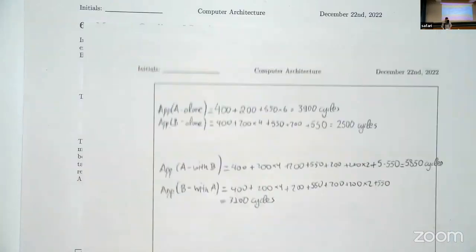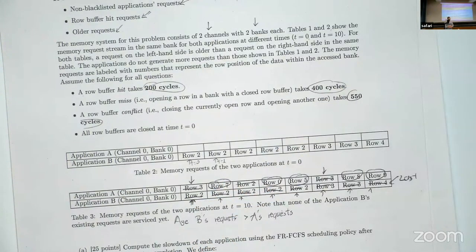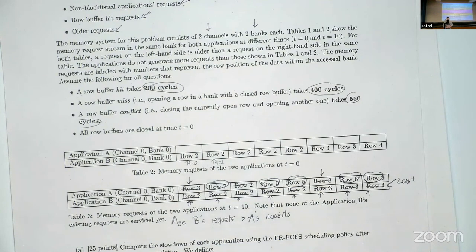So I had row 2, right? Here. I open it up in application B. Basically, no, let's put it in another way. I have row 2 and row 3, which are the older requests of each one of the applications. So first you ask, is there a row buffer hit? No, because the row is pre-charged, right? Yeah. Then you ask, which came first?